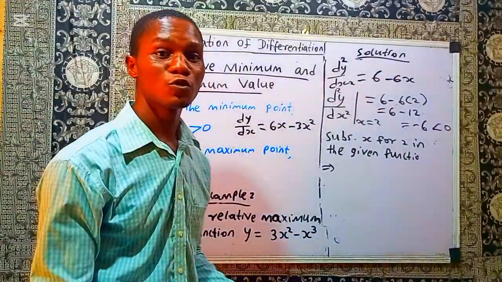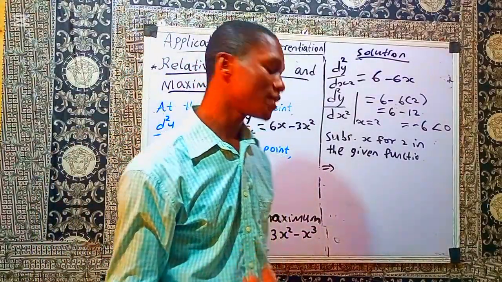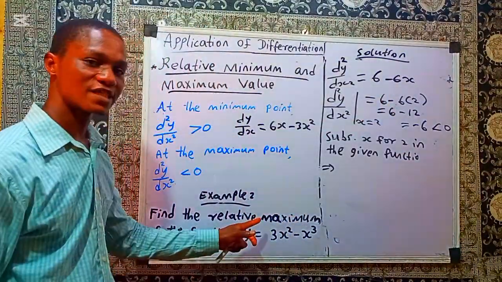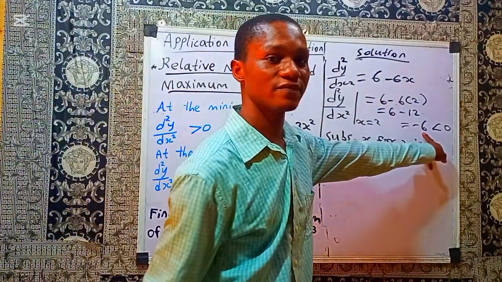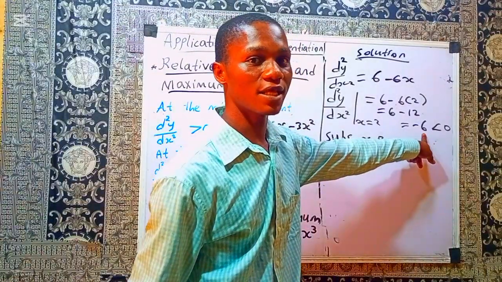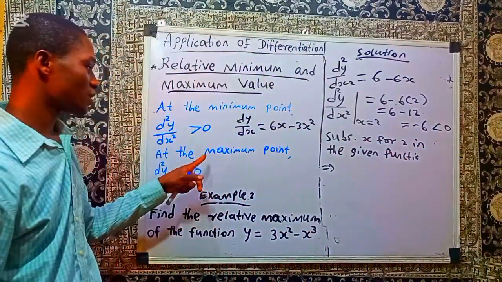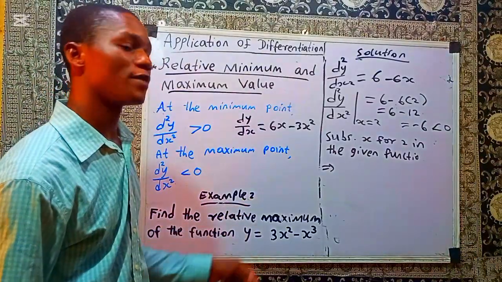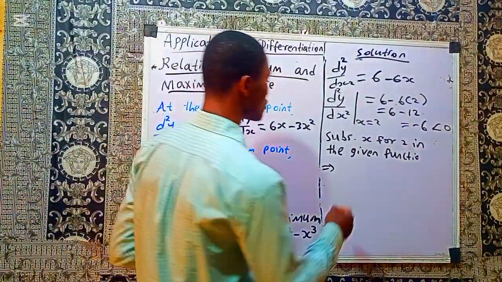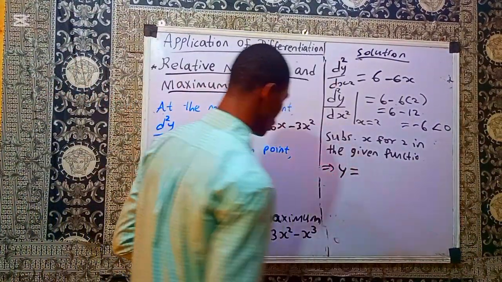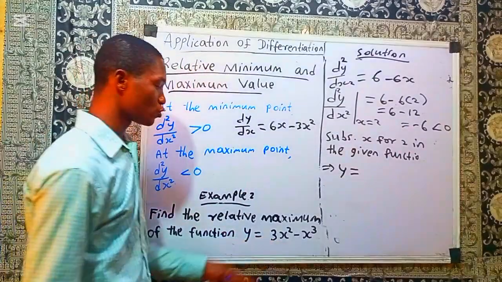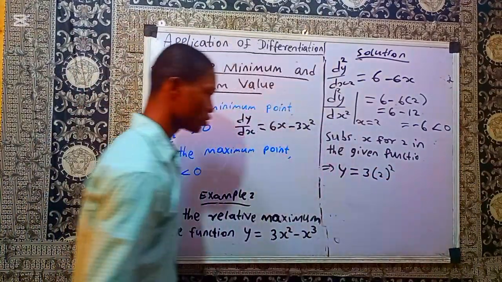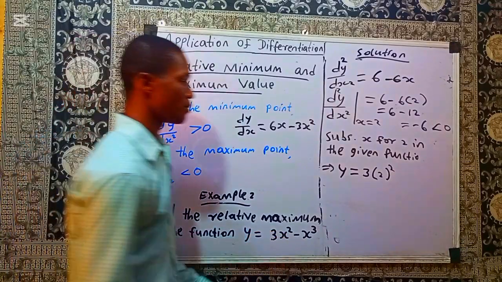So I'm going to substitute what? X for 2 in this given function, because the critical point will give us the relative maximum value, because the second derivative test gave us something less than 0, which is in accordance with what? The relative maximum. So you are going to have that y will be equal to, we are putting x for what? 2. So this will be 3 into 2 raised to power 2, right?